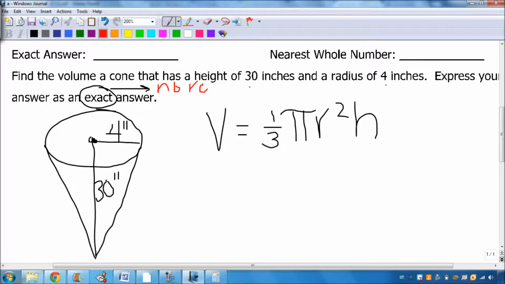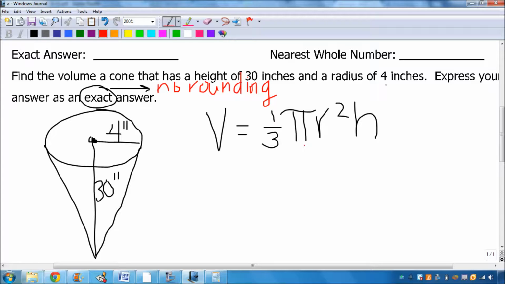So here's the thing though, remember we talked about this. Pi is an irrational number. It goes on forever and ever, and it never ends. So no matter how many digits I write down, there's always an extra digit that I can write down in my answer. So at some point in time, I'm going to have to stop writing my answer down, which means I'm going to have to round, which means it's not an exact answer.